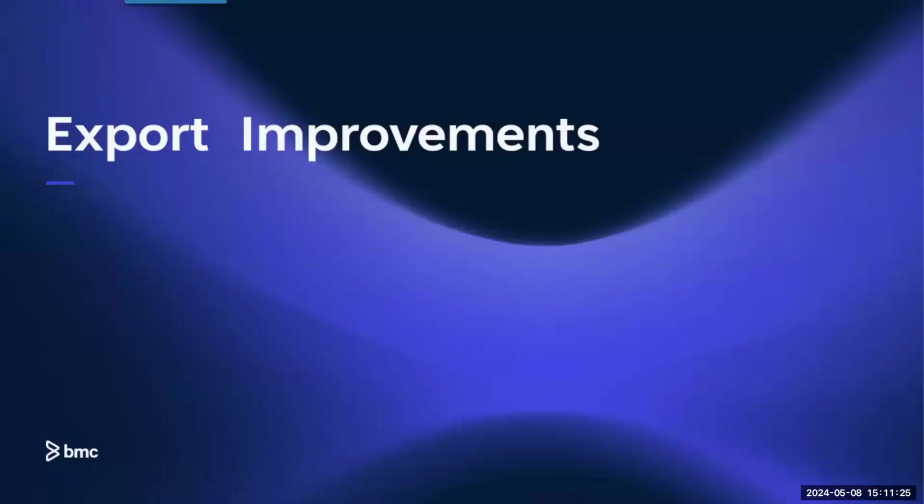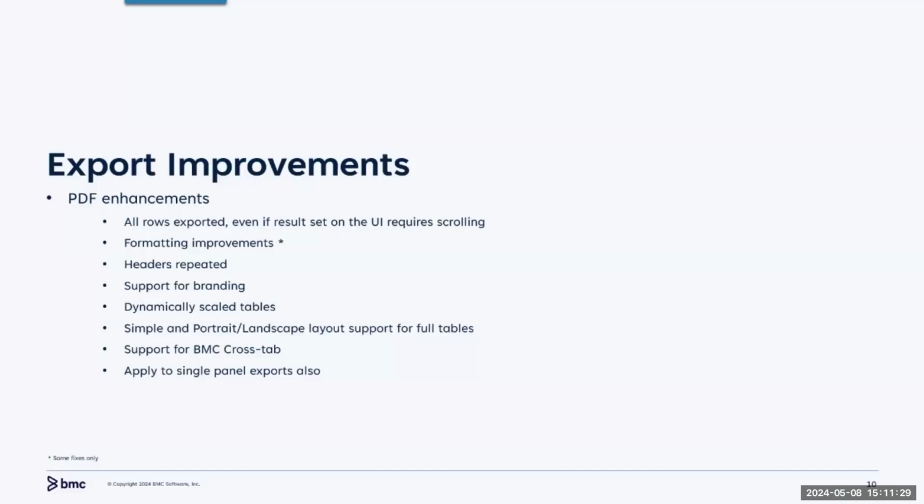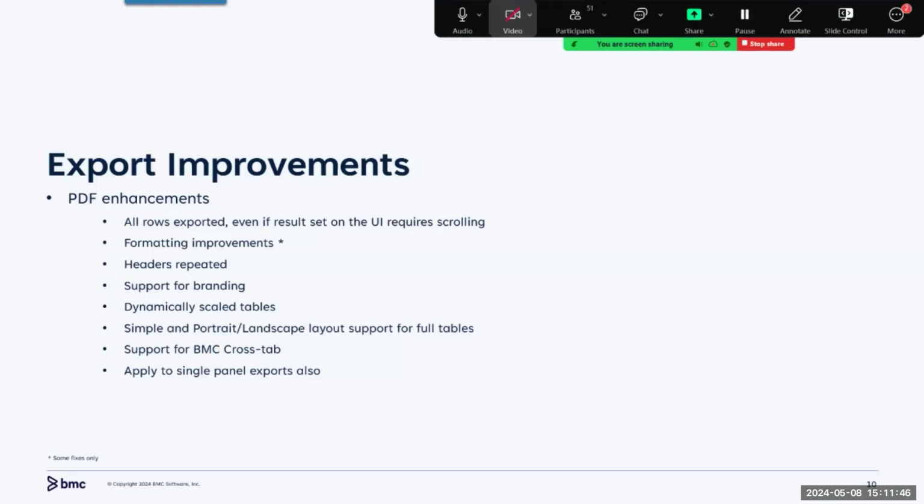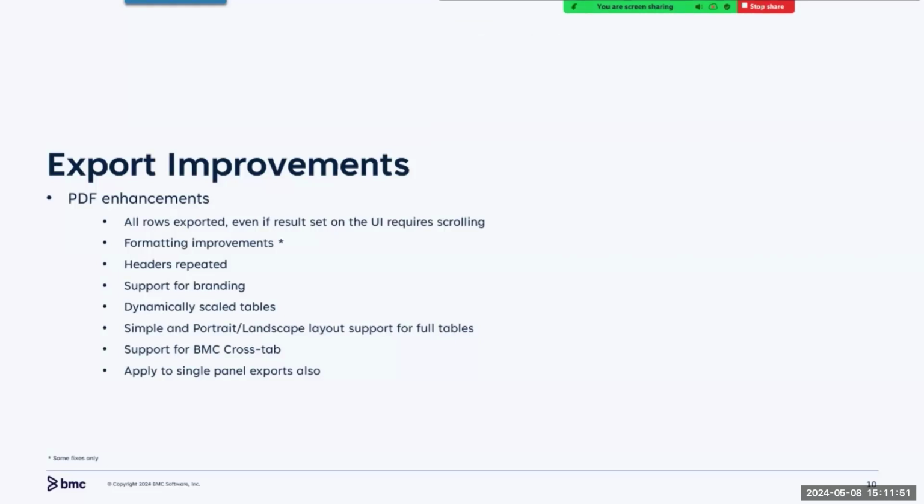Now let's look at some of the improvements to how you can export reports. PDF, a very common format for exporting reports. This has been there for a while, but based on feedback we received from customers, we have made several improvements for PDF exports. Now, all rows are exported, even if the result set on the UI requires you to scroll.